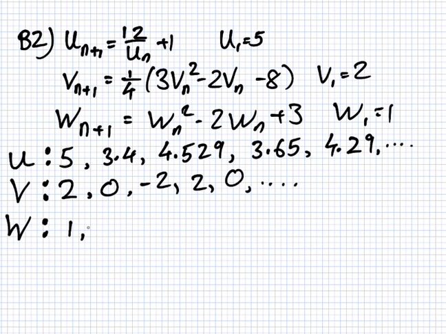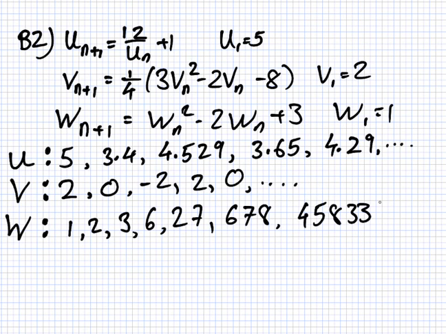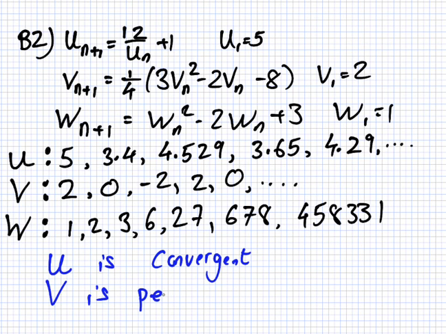And for the last sequence, if I put in 1 squared minus 2 times 1 plus 3, I'll get 1, 2, 3, 6, and the numbers grow. So it should be clear that U is convergent, V is periodic, and W is divergent. So that's 6 marks. That's not bad.